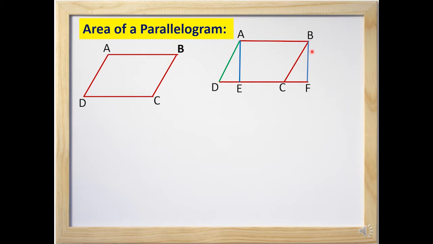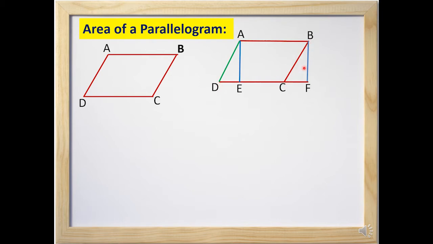Understood? Now we are going to prove that triangle AED is congruent to triangle BFC. Now listen here. AD is equal to BC.